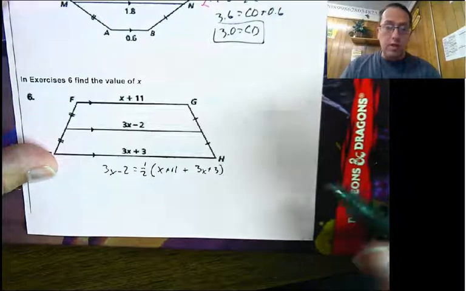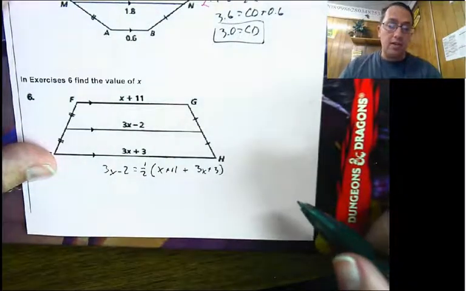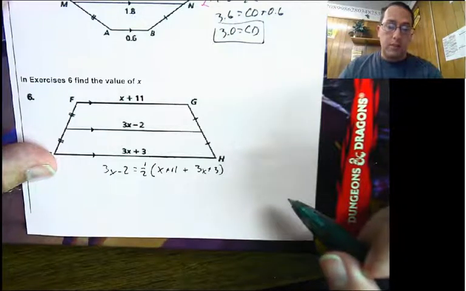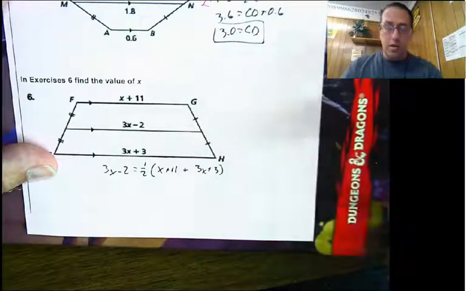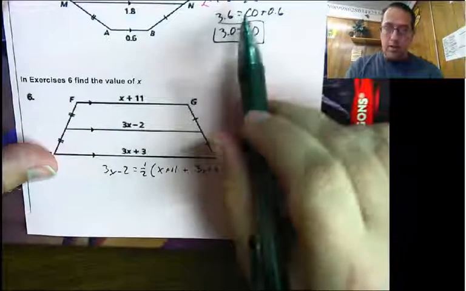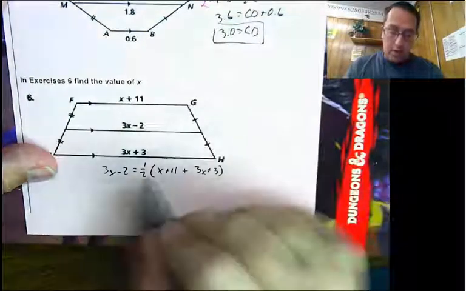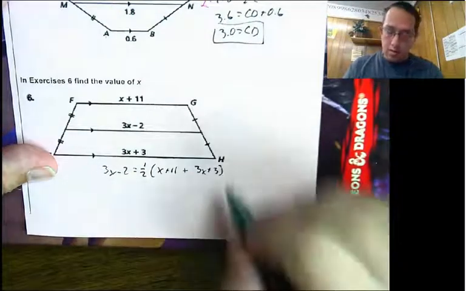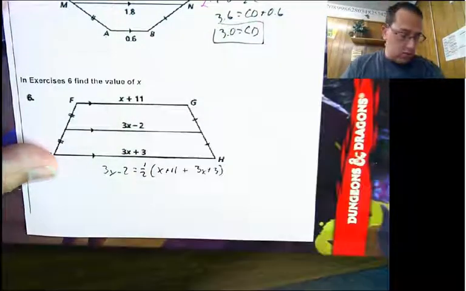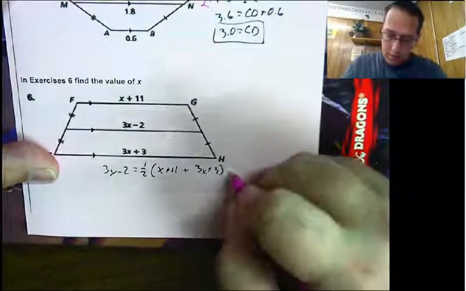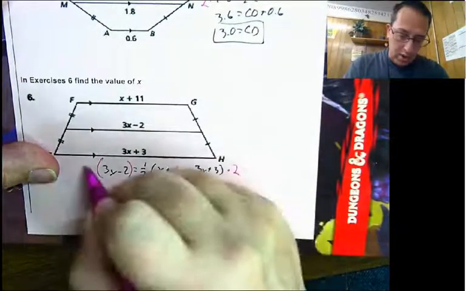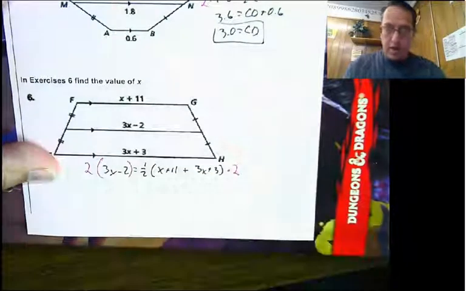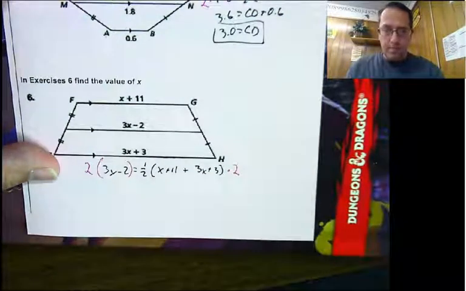Now we could, of course, distribute that 1/2 into the parentheses, but that would be a big mess and not fun at all. So we're going to do like we did up here. We are going to multiply both sides by 2 to cancel that 1/2 out. Multiply this by 2, and then we're going to multiply this entire side by 2, right?